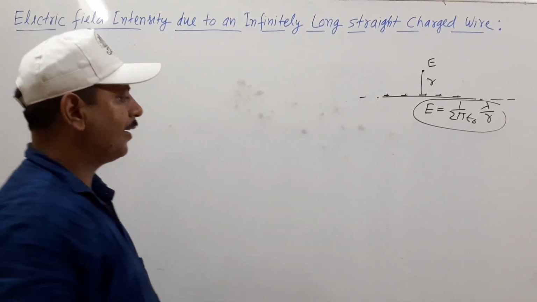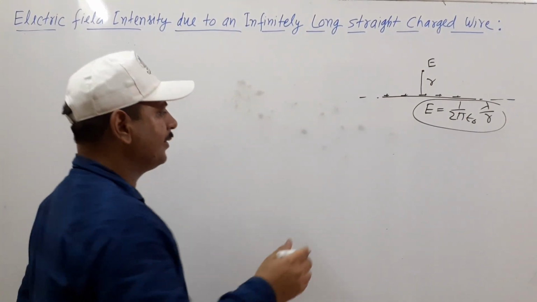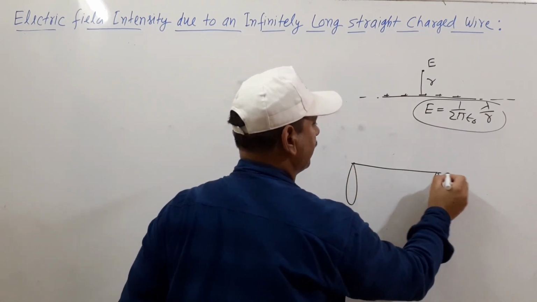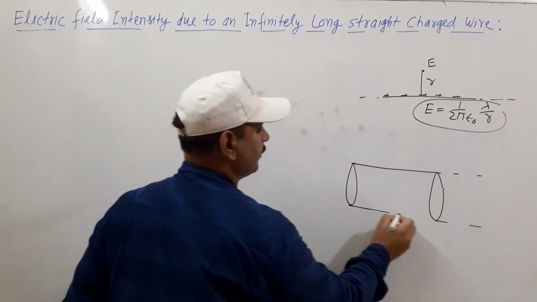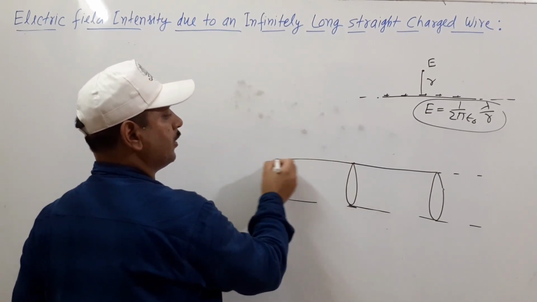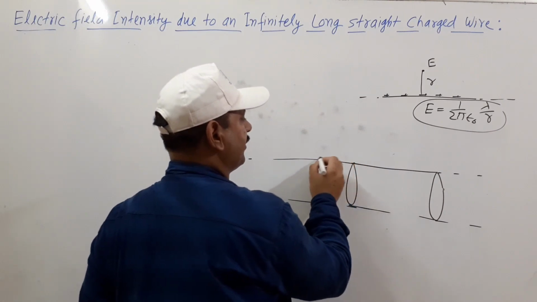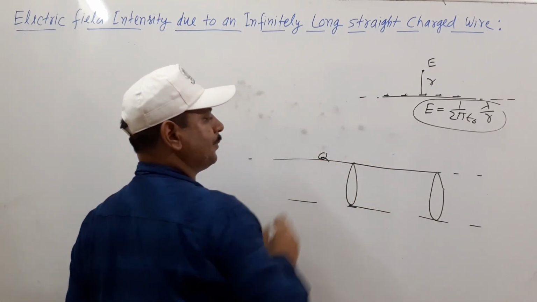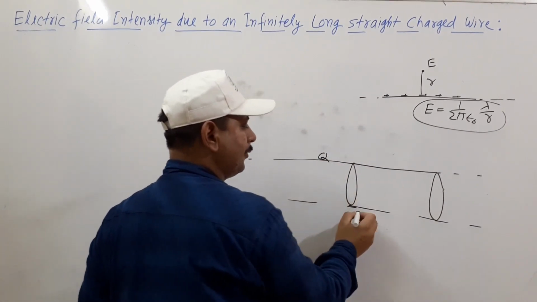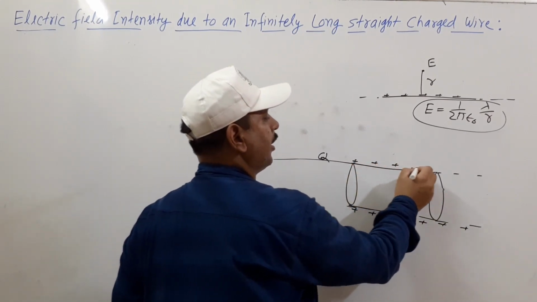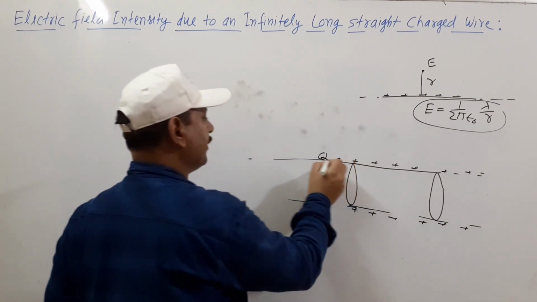Okay, see here, suppose I have taken a hollow cylindrical wire, and we have given charge Q and charge per unit length also. This cylinder is not thin.